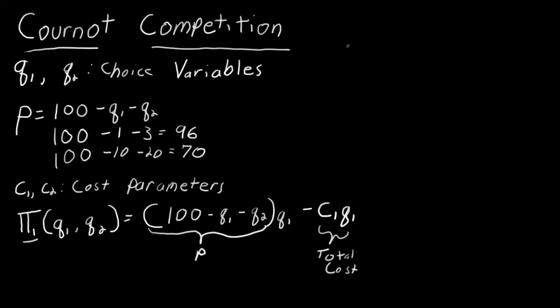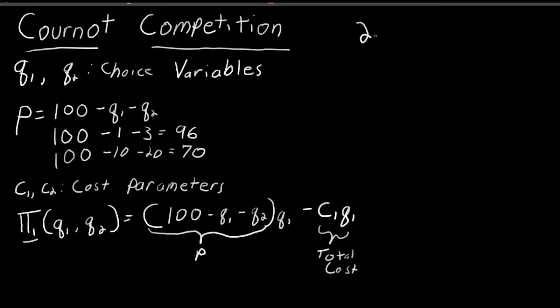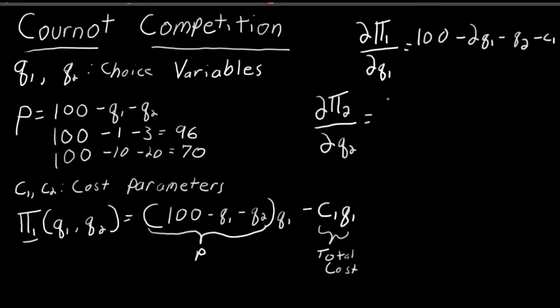Recall from calculus, how do we find the maximum of a function? To do this, we take the derivative and we set it equal to 0. So we can say the derivative of firm 1's profit with respect to the quantity Q1 is equal to 0. We can do the same thing if we were to write out player 2's profit function and conditions. Now, both players are making a decision.